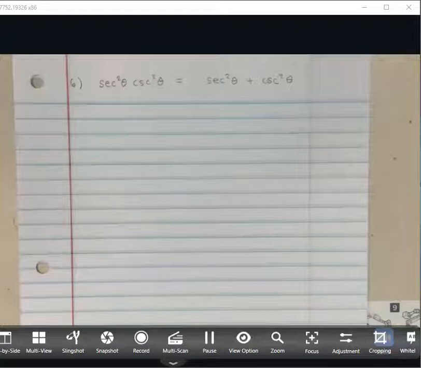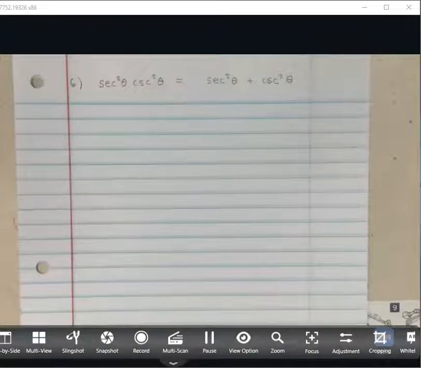This is an example, though, where I think if I start on the right-hand side and manipulate it, it might be easier than starting on the left-hand side to get the right-hand side. Because I've seen how to add things. I add things by getting the common denominator. Not much interesting can happen when you multiply it. So I'm going to start with the right-hand side and try to mess with it.